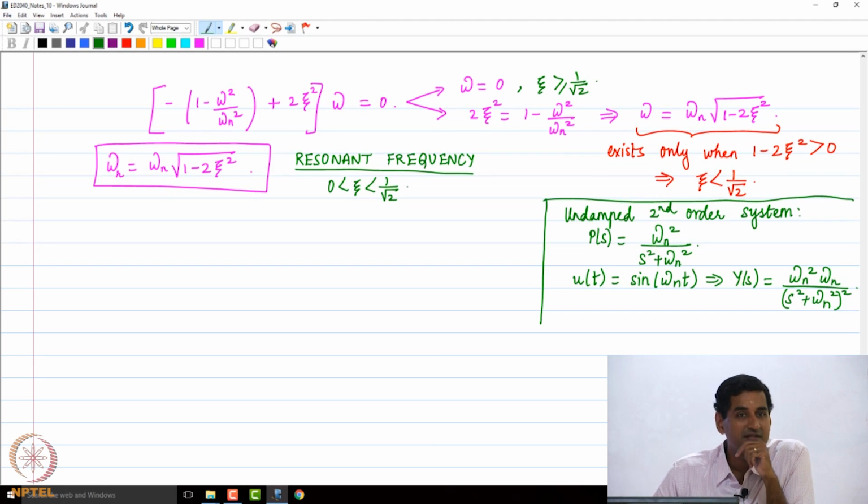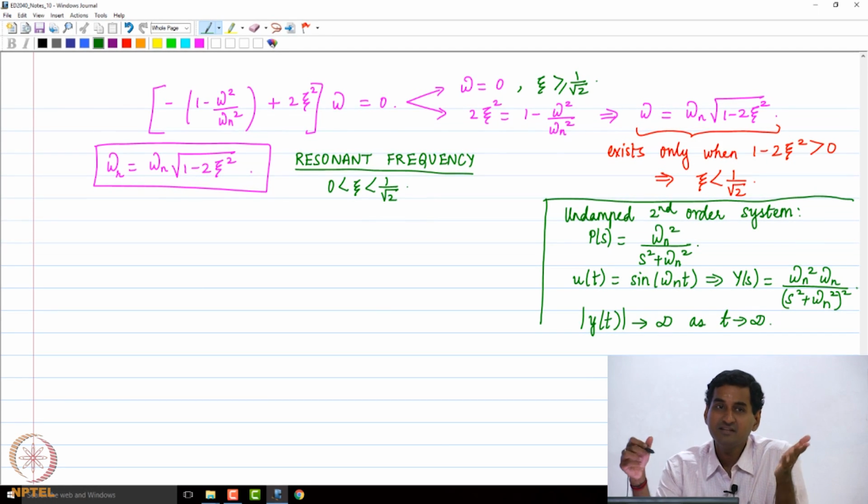I think we already discussed these things. Once I have s squared plus omega n squared whole square, I am going to have a t sin t or t cos t term. So consequently, what will happen to the magnitude of y of t? It will go to infinity as t tends to infinity.